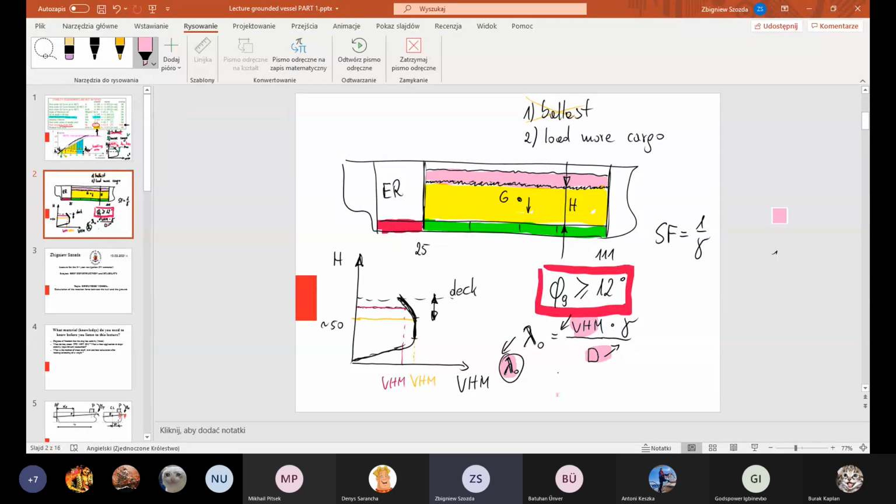You ask the question on behalf of other students who didn't catch the point. Thank you very much, because I hope it put new light on the problem that Batuhan proposed during the laboratories. If you understand now, it is okay. It was the purpose of this part of the discussion. Are there any other questions with regard to grain stability, grain criteria?